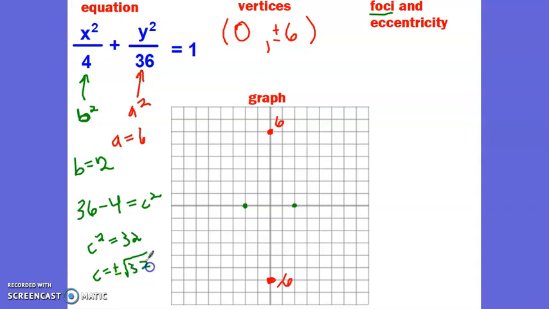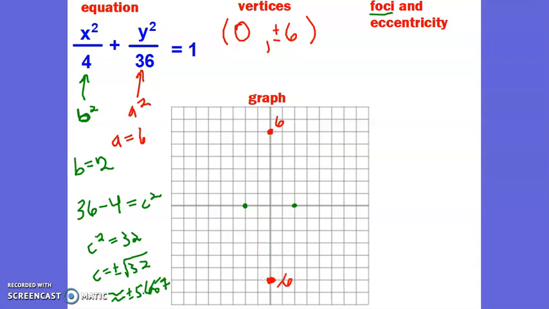So again, the square root of 32, or approximately plus or minus 5.657, which means that we can travel up about 5.6, and again, sometimes it gets a little bit tricky to draw those points in there, and down about 5.6.